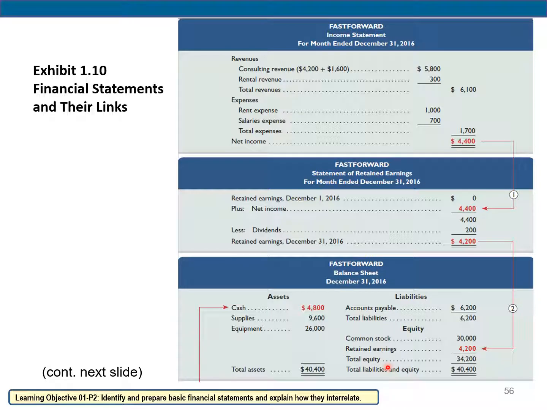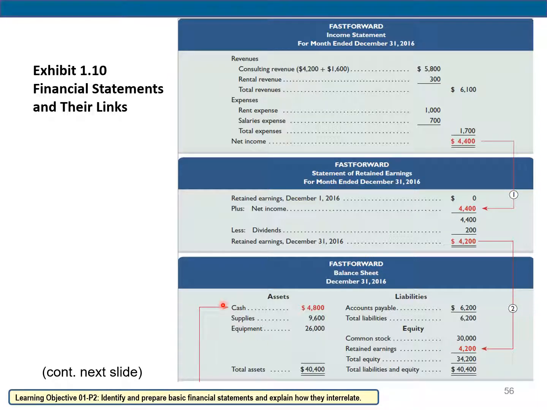The thing to know here is that your ending balance in retained earnings, which is what I said earlier was the accumulation of all of the profits and losses of the business for the entirety of their existence, less any dividends that they've paid to their shareholders, comes down here in your balance of retained earnings, which is in your equity section of your balance sheet.